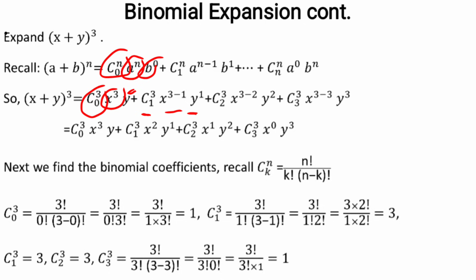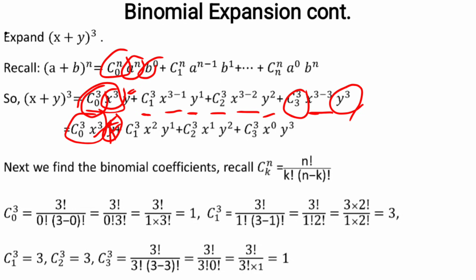And then 3 combination 2, x raised to power 3 minus 2, y increases by 2, right? And then the highest possible, which is 3 combination 3, x reduces by 3 now, and y is raised to the highest possible value. Note here, this y goes because y raised to power 0 is 1. So this x is not there, but these two terms stay, right? So all of this is still correct. If you simplify this, you get this.